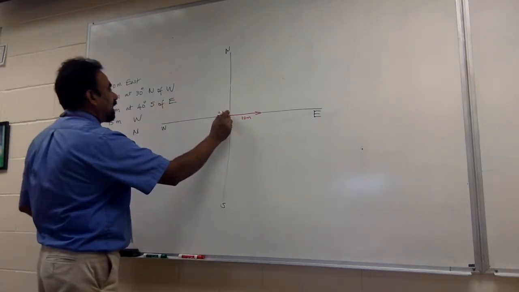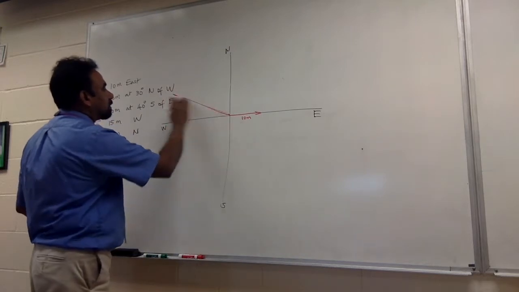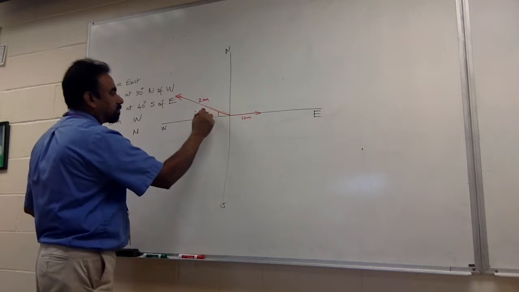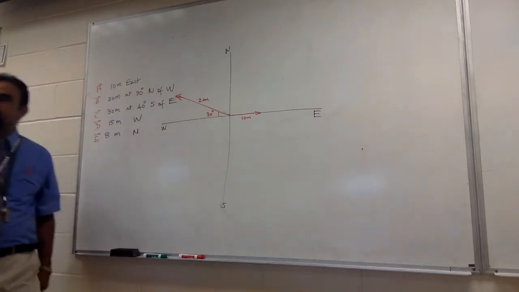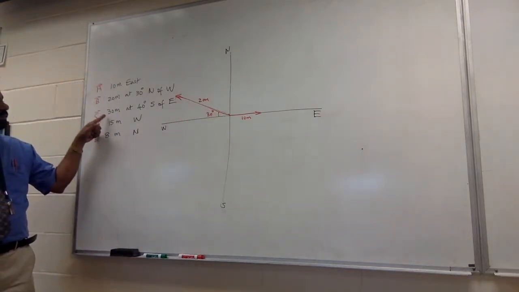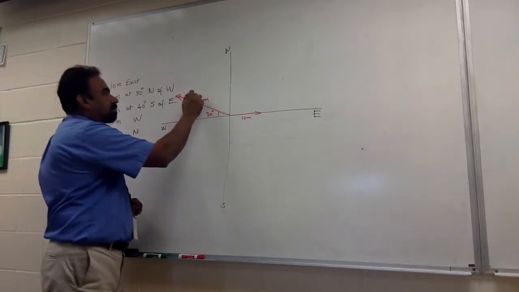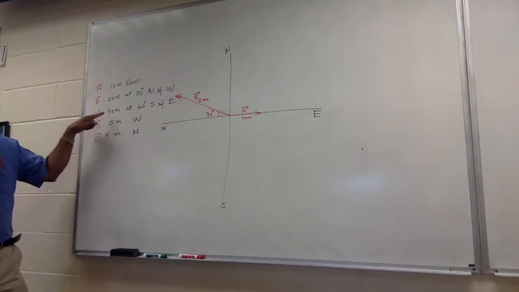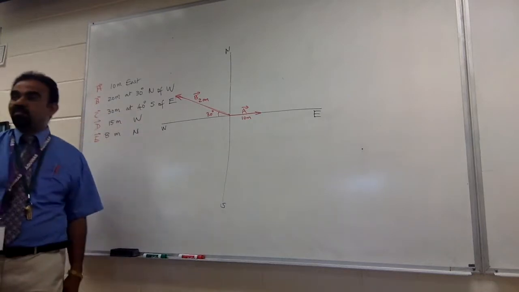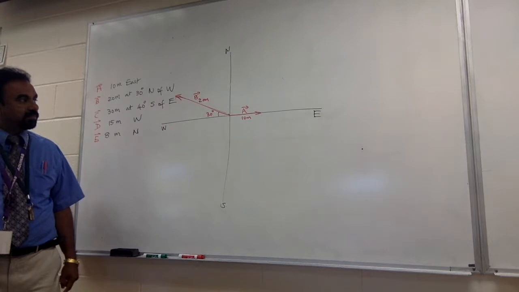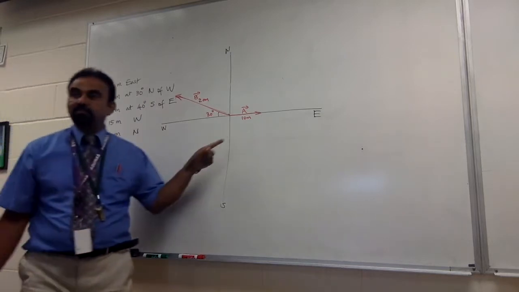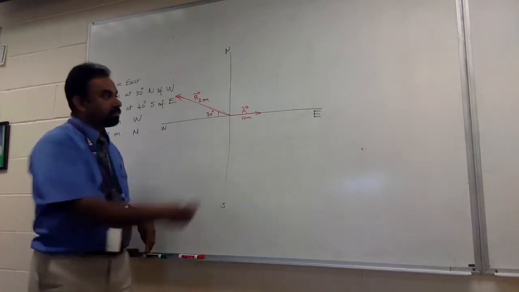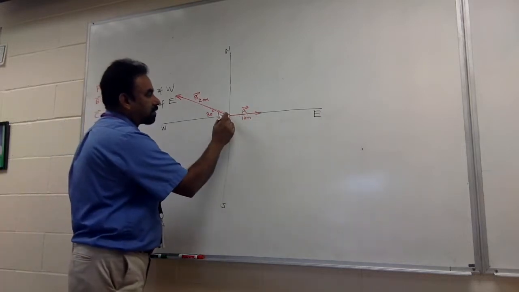So at 30-degree angle, 20 meters. And then this is vector B. This is vector A. The third one is 30 meters at 40 degrees south of east. Where is it? South of east. South from east. From here, 40 degrees.